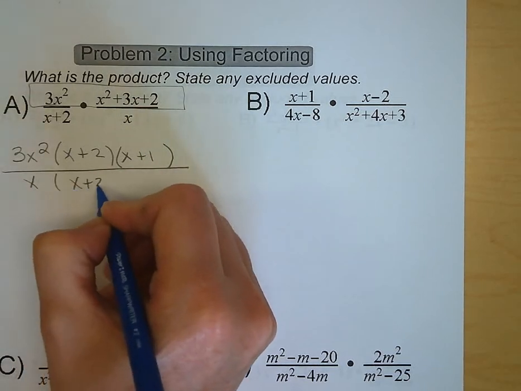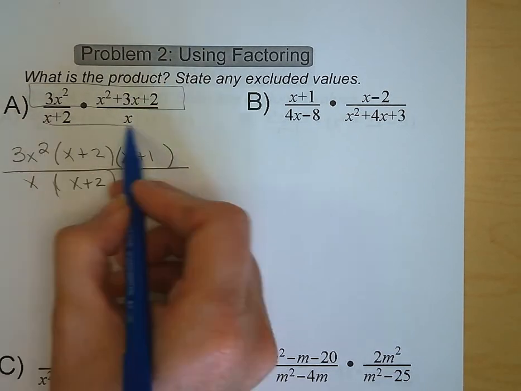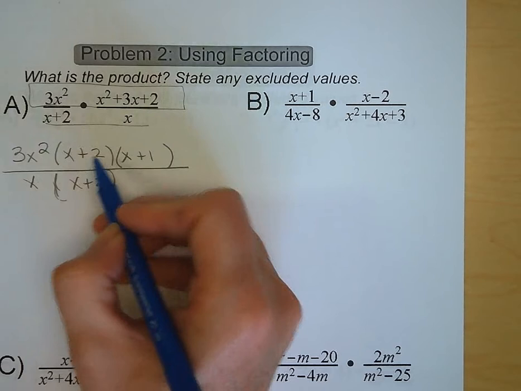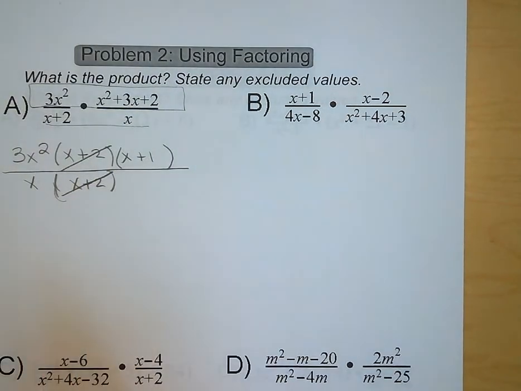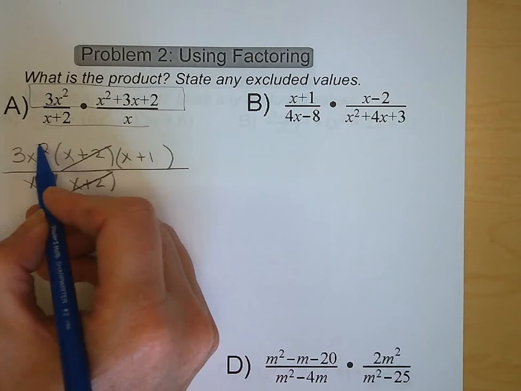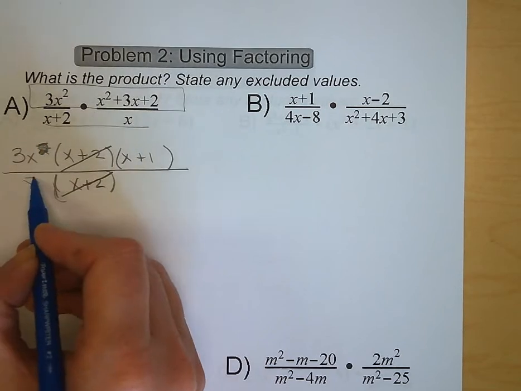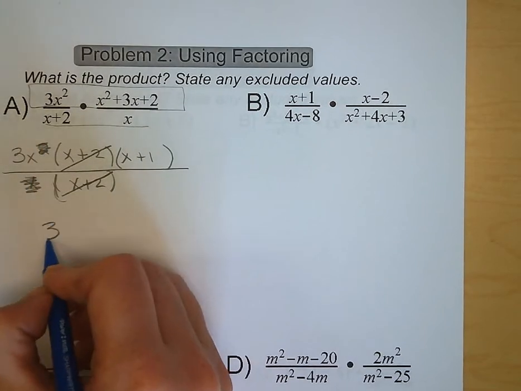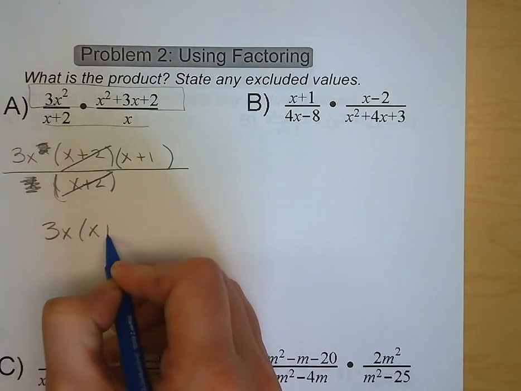And we have that x. So now we cancel out what we can. So x plus 2 is going to cancel out, and we can remove one of the x's from the numerator. And we're going to be left with 3x times the quantity x plus 1.